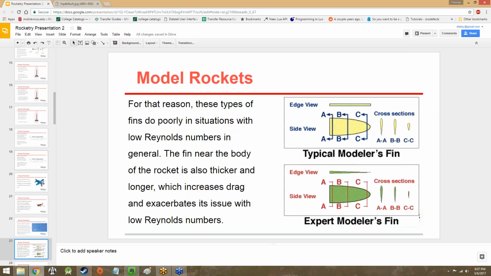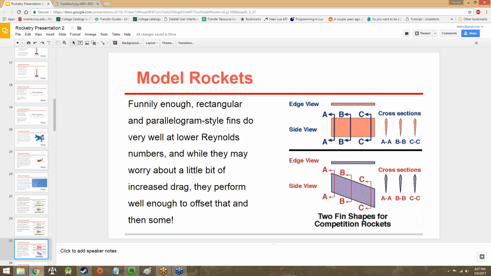One of the things I mentioned last time was that something like a rectangular or a parallelogram style fin shape would probably do better in keeping the rocket steady and also be just overall a better design.